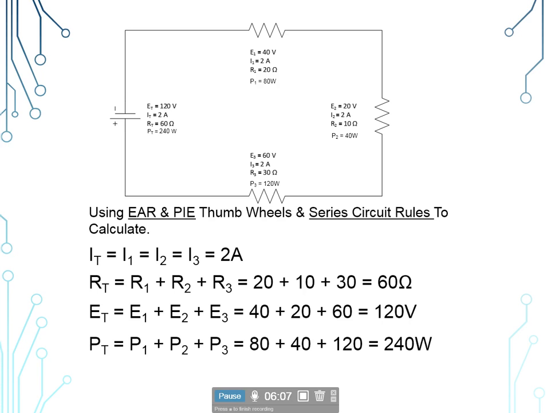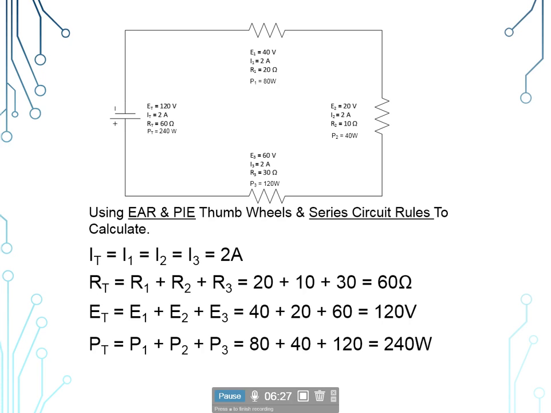Our power rule now, remember rule 5, not only applies to series circuits, but it also applies to parallel and series parallel. It will always hold true. The sum of the power dissipated by the individual components will always equal the total power.